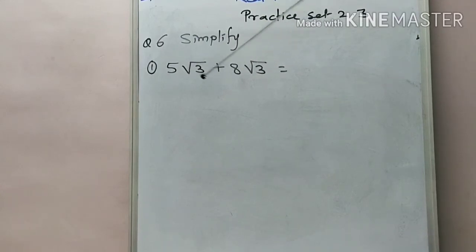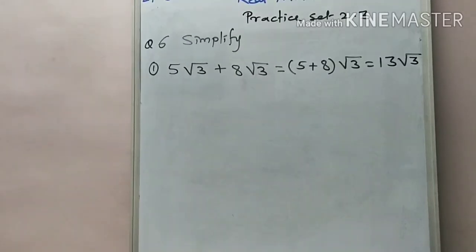So what we observe, what we have to do here students, that 5 root 3 plus 8 root 3 means here we observe that order is same, radicand also same, means it is just like taking the addition of variable terms 5x plus 8x, we write it as 13x. So similarly here 5 root 3 plus 8 root 3, we write it as 13 root 3. Getting this?